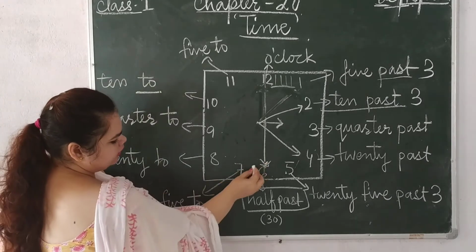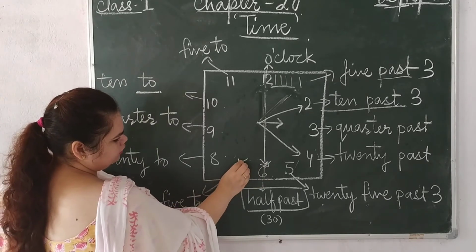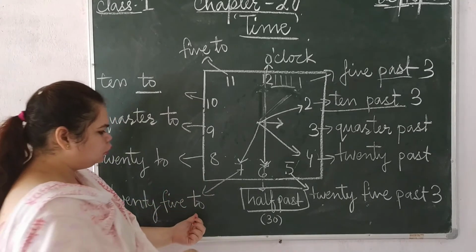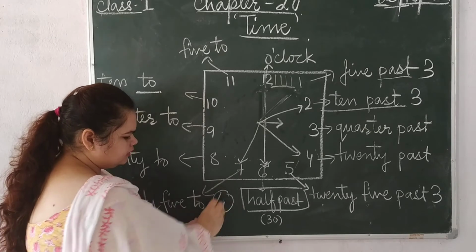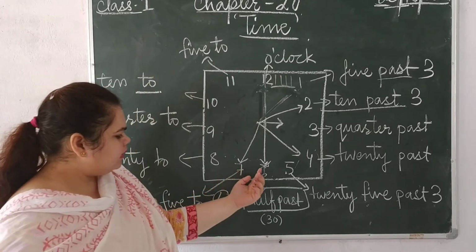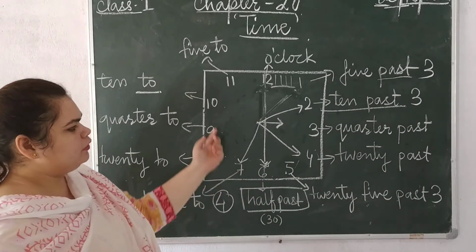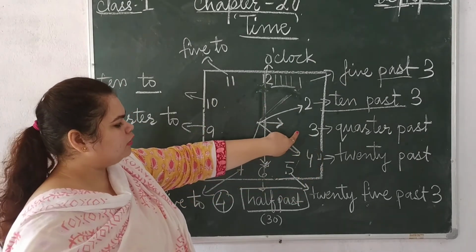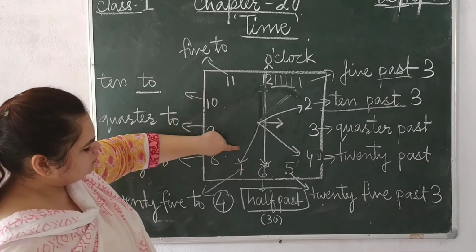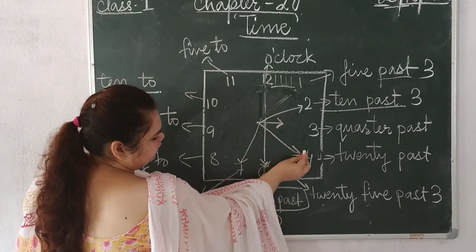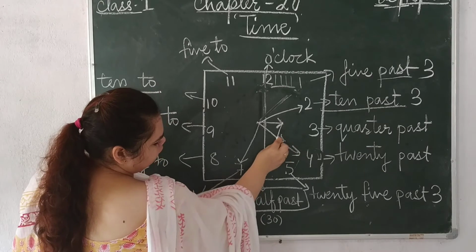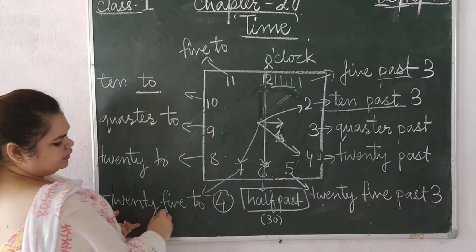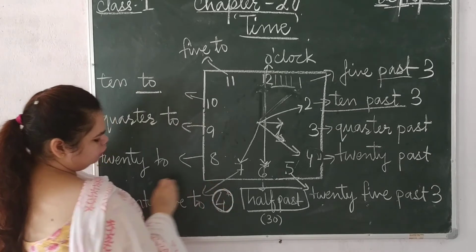Now when the big hand comes to number 7, we say it is 25 to 4, because I said earlier that when it crosses number 6, it goes on to the next hour. It was on number 3, but as it crosses number 6, the small hand travels towards number 4. Now here we have 25 minutes left to be 4 o'clock.